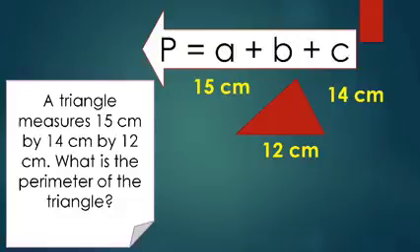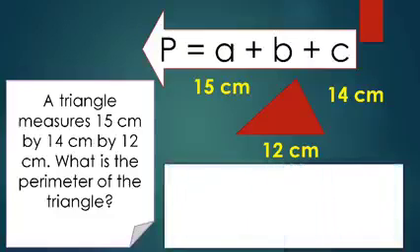And we all know that the formula in finding the perimeter of a triangle is simply A plus B plus C. And let's assume that our A here is 15 centimeters, our B is 14 centimeters, and C is 12 centimeters.